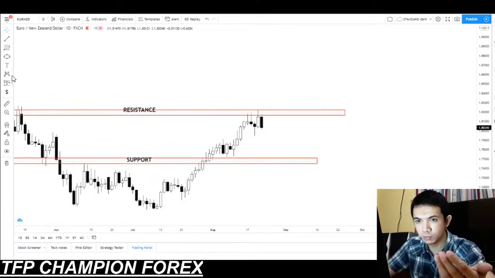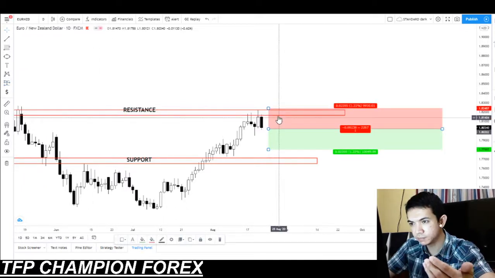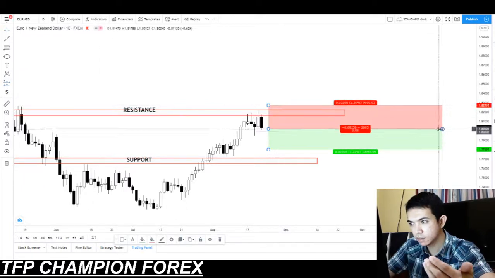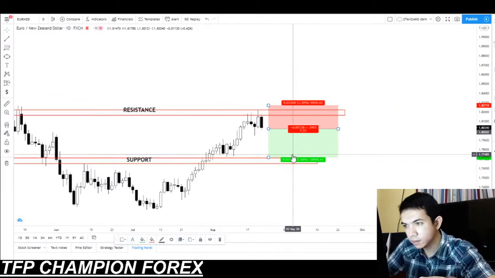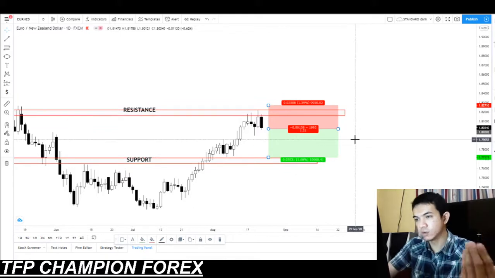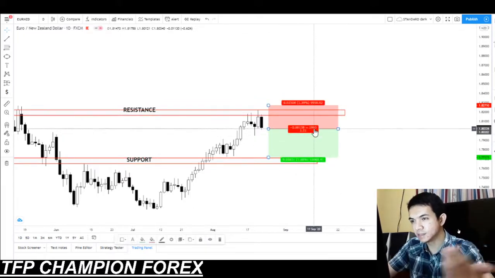If I'm going to place the trade now for a sell position, my risk to reward ratio will be only 1:1, almost 1:1, right? So for me, I don't like this setup and I don't like this risk to reward ratio.